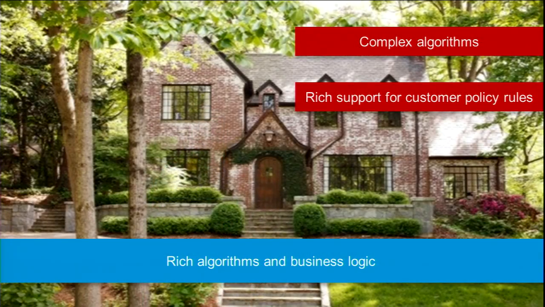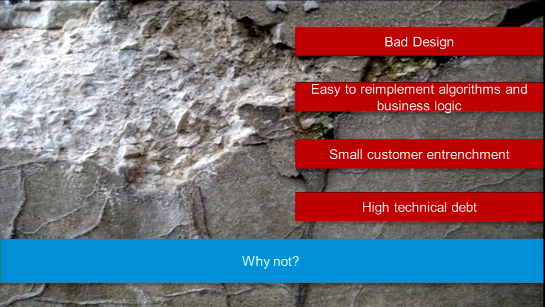And our algorithms were very complex, with lots of support for a lot of the customer tweaks and the policies that they needed built into them. So we decided to push on.